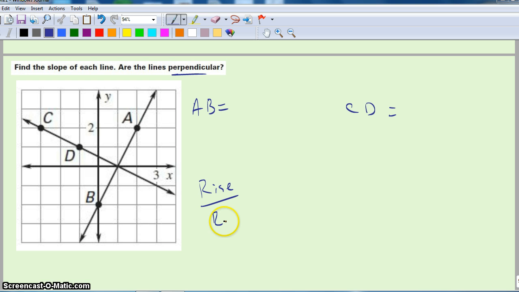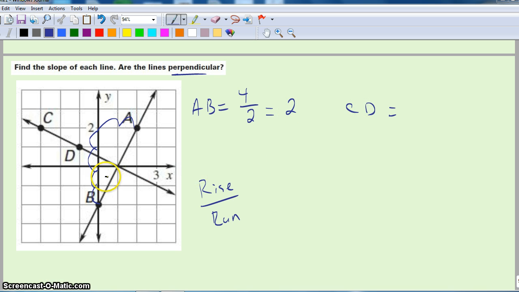Rise over run, don't forget that. So let's rise here. 1, 2, 3, 4. My rise is 4, and my run is 1, 2. 4 over 2. Can you reduce 4 divided by 2? Yes, to 2. So right now my slope is 2.